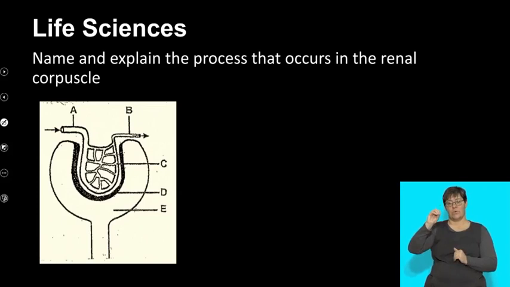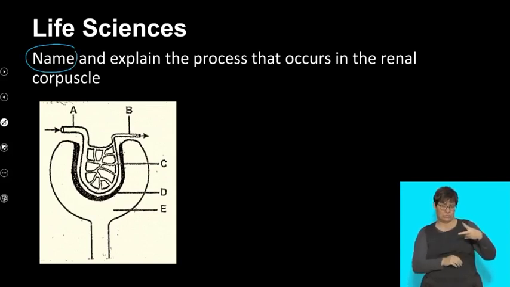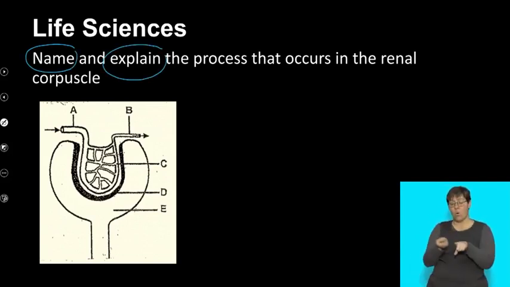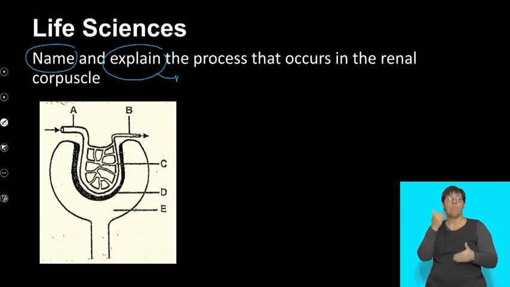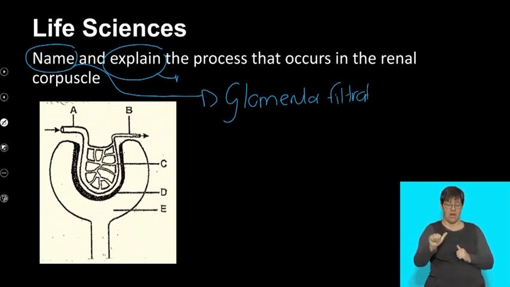All right, guys, now the next question is quite a common question, and it's got two parts to it. It says name and explain the process that occurs in the renal corpuscle. Now, the process you're going to say is glomerular filtration. Now, that is just the first part.